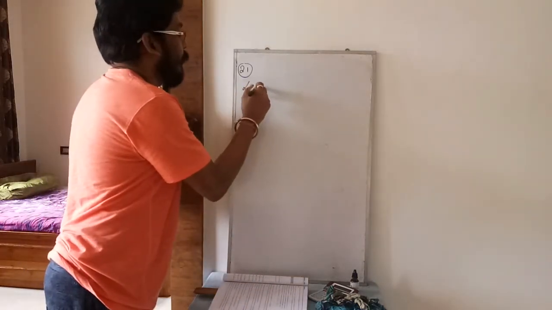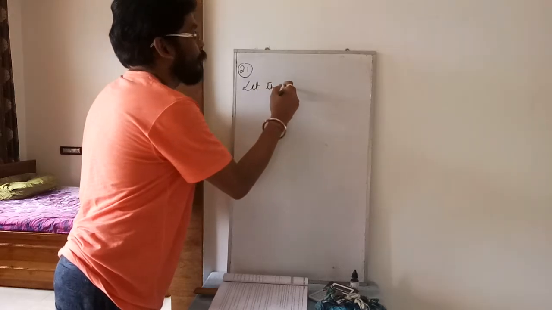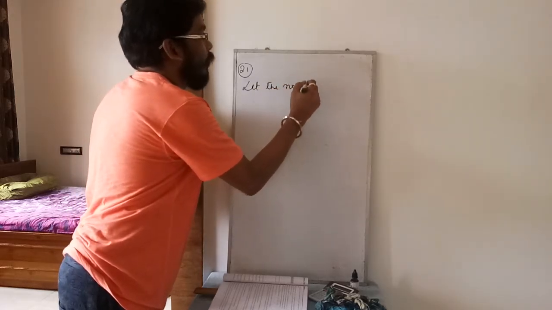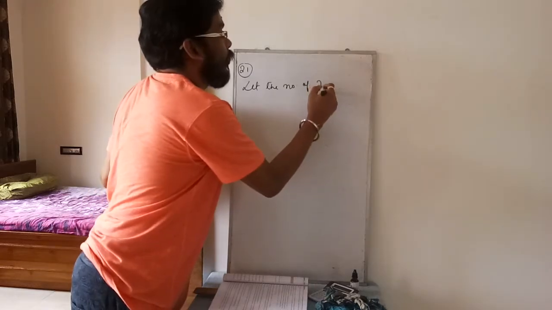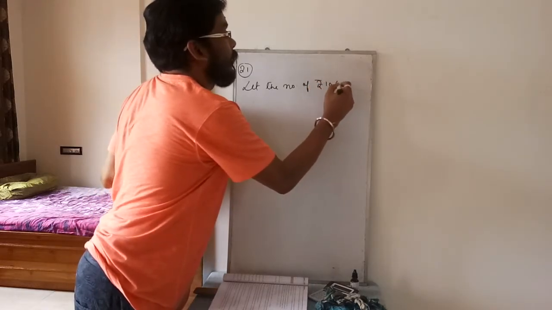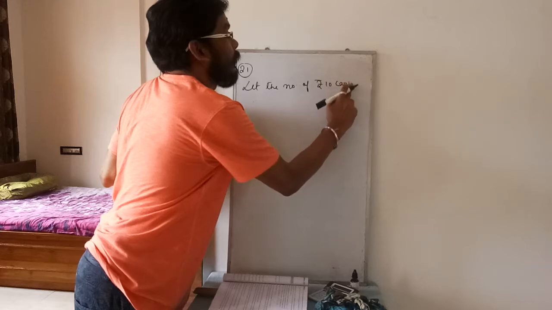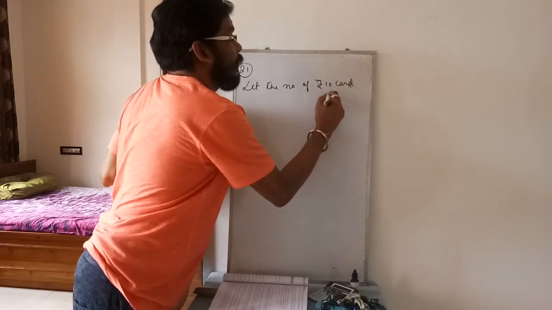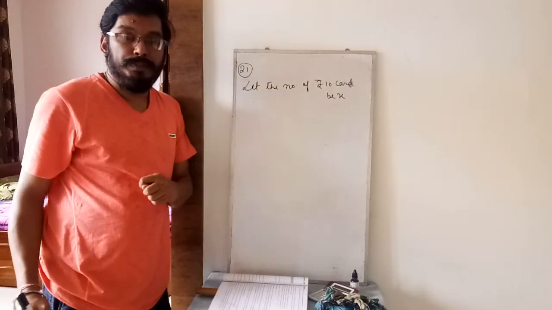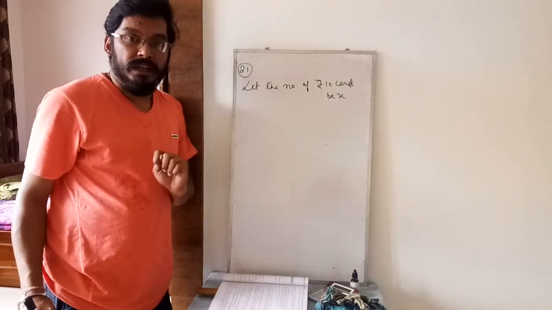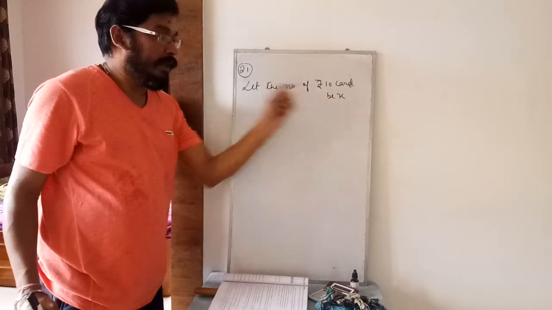Let the number of 10 rupees cards be x. Since you don't know the quantity, you have taken it as x.